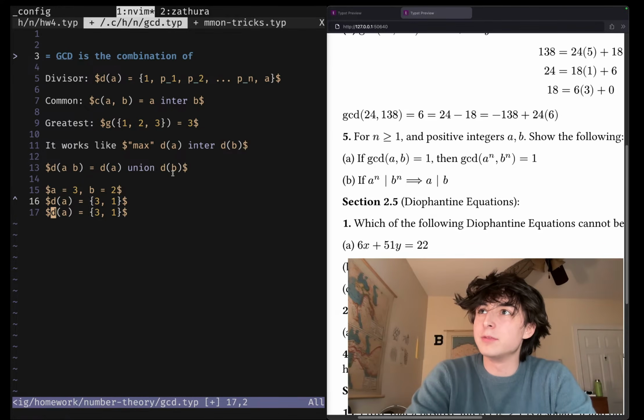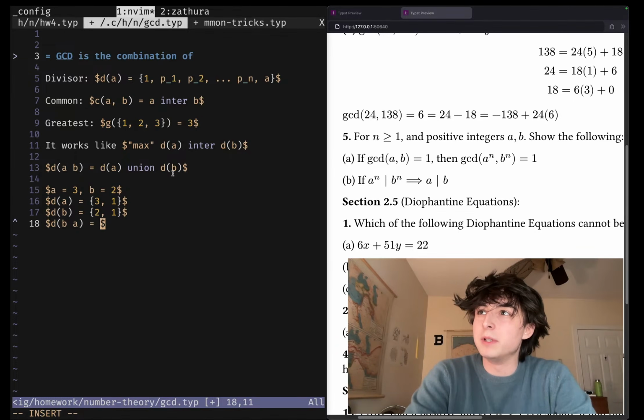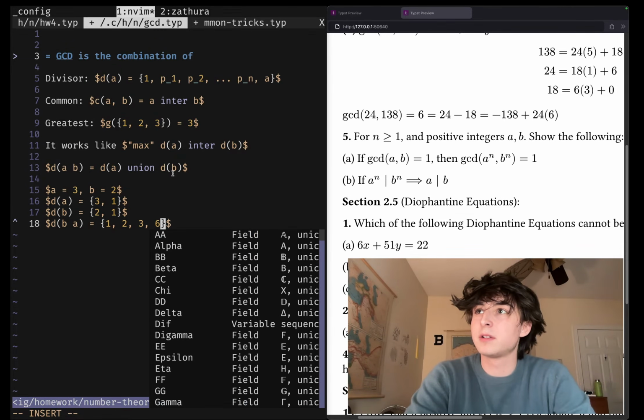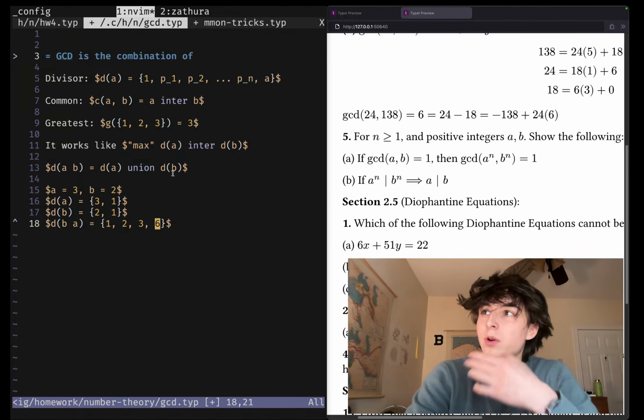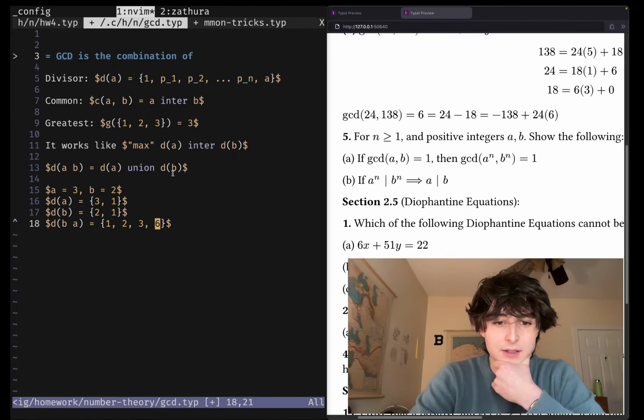And then divisors of b would be 2 and 1. But it actually can't be the union, because the divisors of b times a would be 1, 2, 3, 6. There's an additional stuff that gets added in.